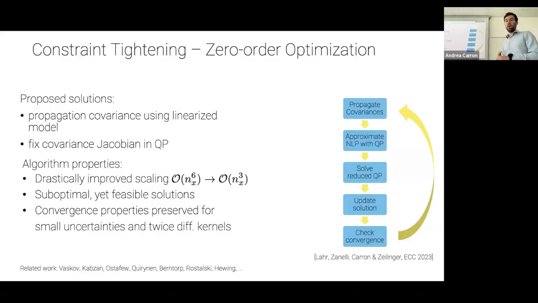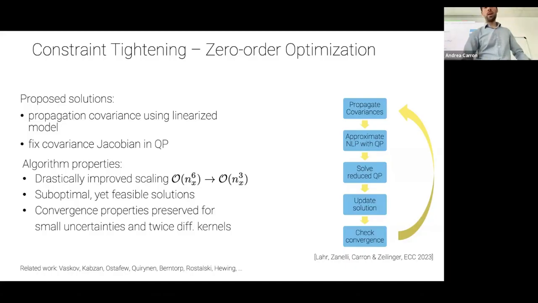And at the same time, we need an uncertainty that is relatively small, which is probably the most tricky assumption to satisfy. The nice thing is that with this approach, we are almost decoupling the learning part and the propagation of covariance from the solving of the MPC.